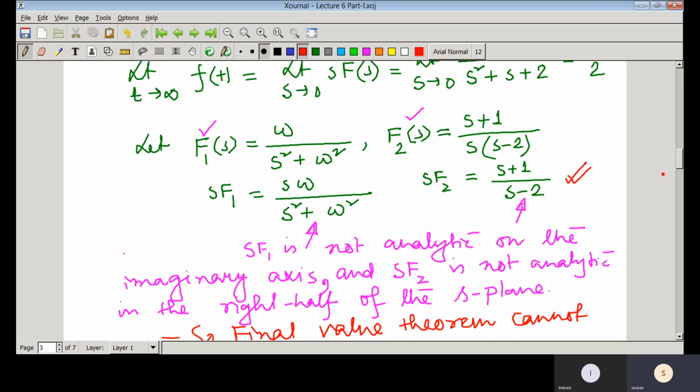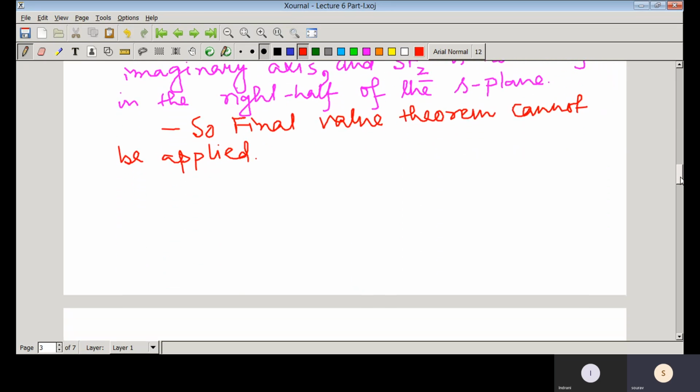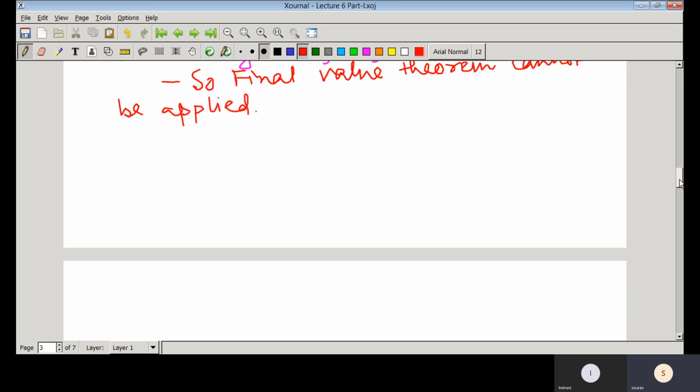You may think that if you apply a unit step, and apply the final value theorem you get the final steady state value minus half, and that is the correct one. No. The reason is this system is actually an unstable system, so it does not have any steady state. That's why before applying the final value theorem you should be careful about the condition required for it, that is the analytic property on the imaginary axis and on the right half of the s plane.